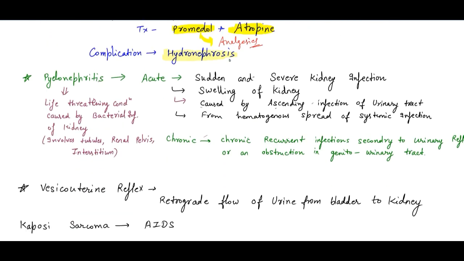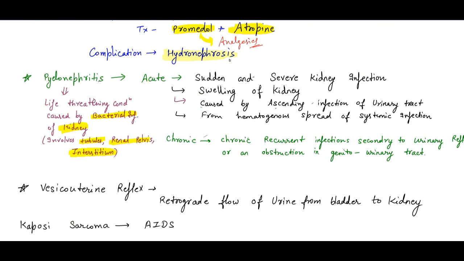Pyelonephritis. What is pyelonephritis? A life-threatening condition caused mainly by bacterial infections, where it affects the kidney. It involves the tubules, renal pelvis and the interstitium of the kidney. It can be acute and it can be chronic.